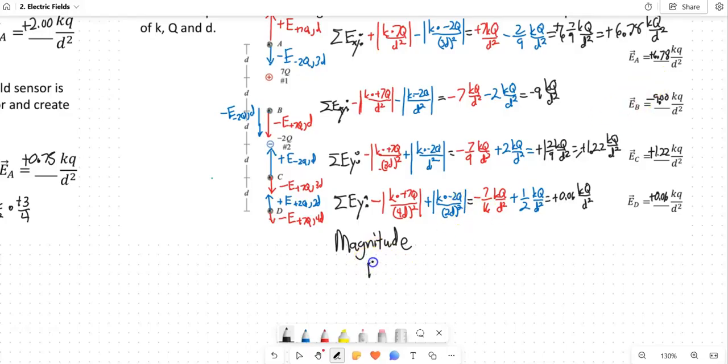So EB's magnitude is 9. That's going to come first. Then EA, that magnitude is going to come next. Then EC, that magnitude is going to come next. And then ED, that magnitude is going to come next.